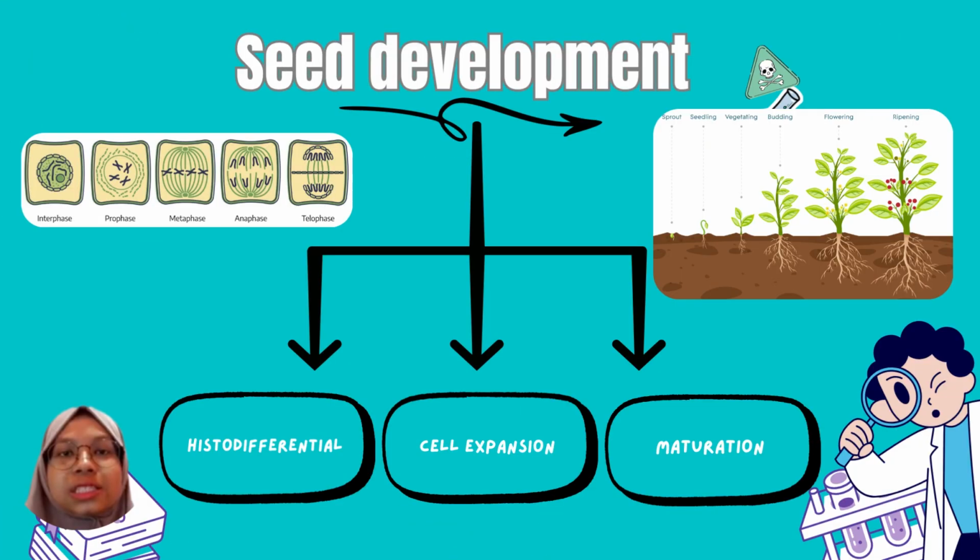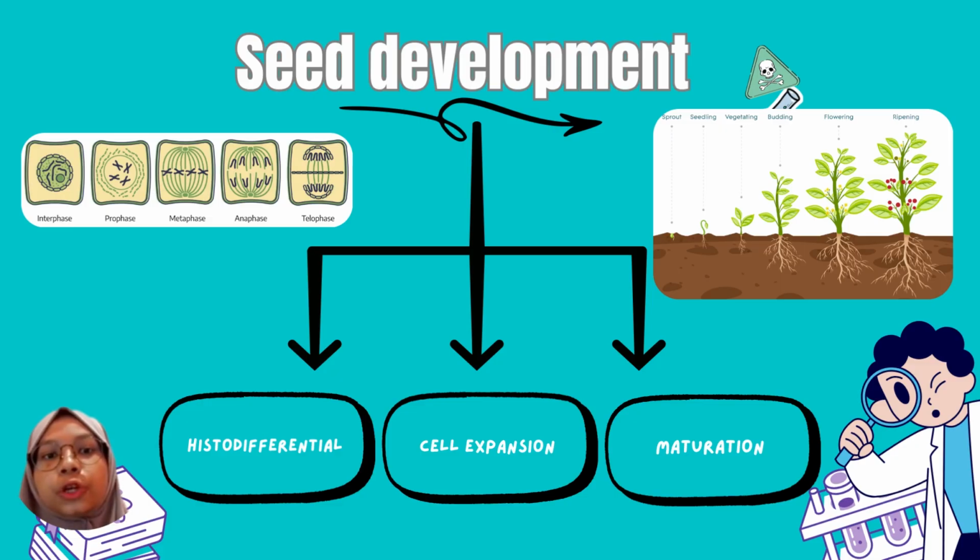The next is the stages of seed development. Seed development occurs in three main stages. The first is histodifferentiation. The embryo begins to form. Different tissues start to develop into special structures. At this stage, the basic layout of the seed is established. The second is cell expansion. The seeds start to increase in size. Nutrients are stored in the endosperm or cotyledons.